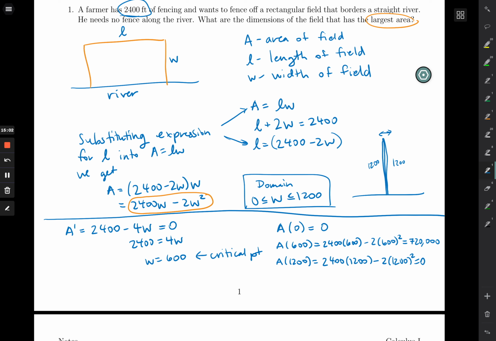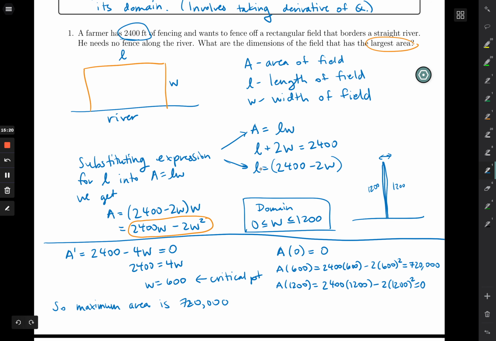And so that means that our maximum area is going to be 720,000, and since our fencing was measured in feet, that means we are measuring our length and width in feet as well, and so our area is going to be in square feet, or feet squared, whichever way you want to write it.